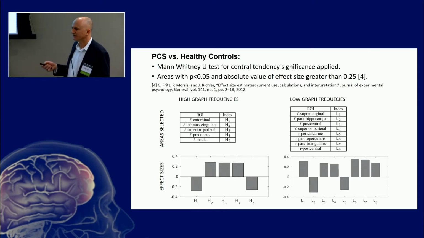So there's many things that are consistent between biomarkers or features from the brain imaging data that have been done in a unimodal type of study, and this now multimodal study that fuses functional and structural connectivity. The low graph frequencies also had, like I said, 8 different areas which were good at separating the patients, and these came from both the left and the right hemisphere, as I've already mentioned.